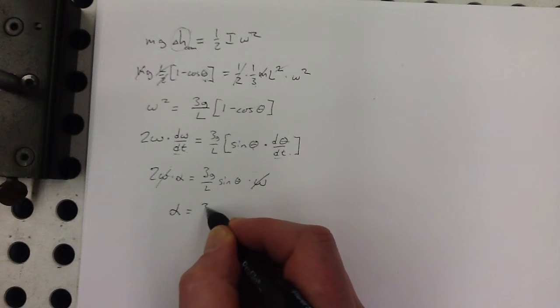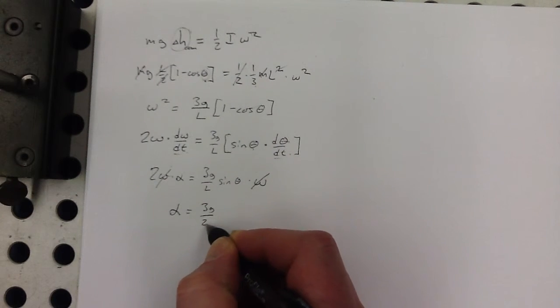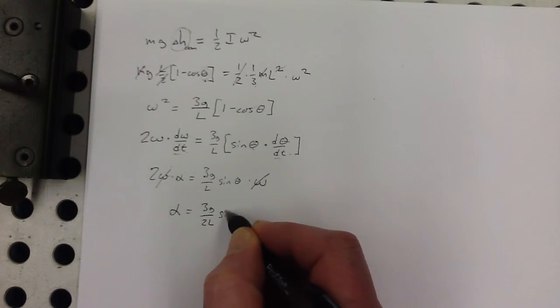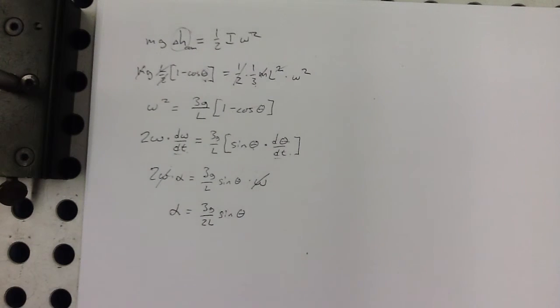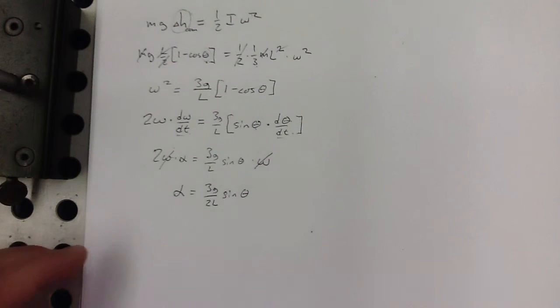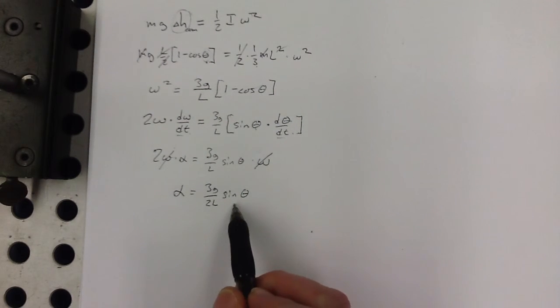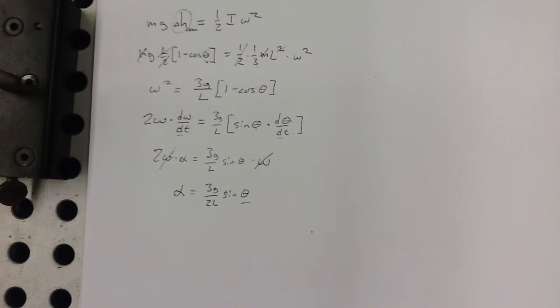And I get this equation here, now solving for alpha. Alpha is equal to 3g over 2L times the sine of theta. And that is a cool expression there. That gives me the angular acceleration of this thing as a function of theta. That is pretty cool. And just in case you were wondering whether it was constant or not, you can see clearly here it is not constant.